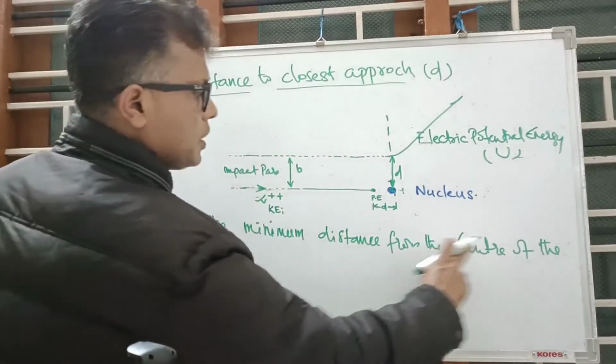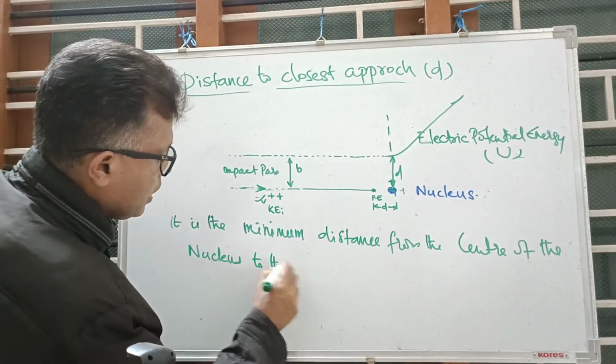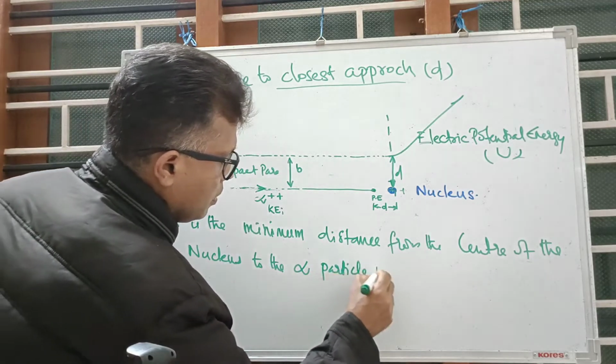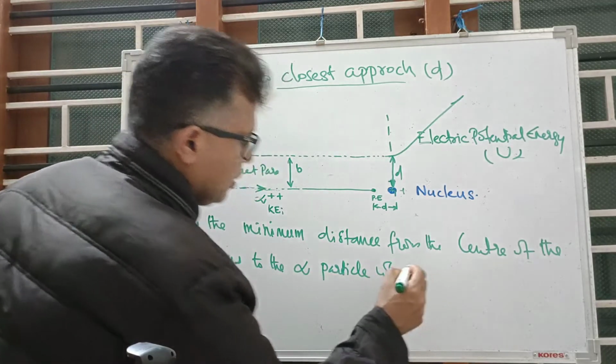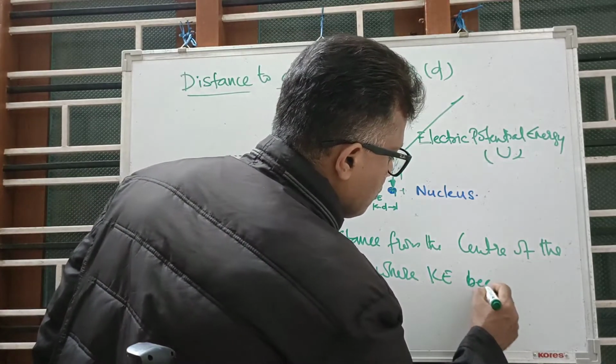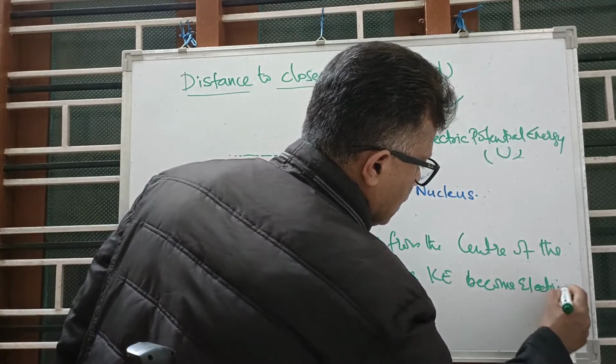It is the minimum distance from the center of the nucleus to the alpha particle, where kinetic energy becomes electric potential energy.